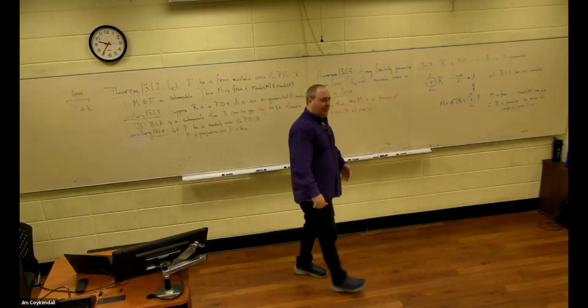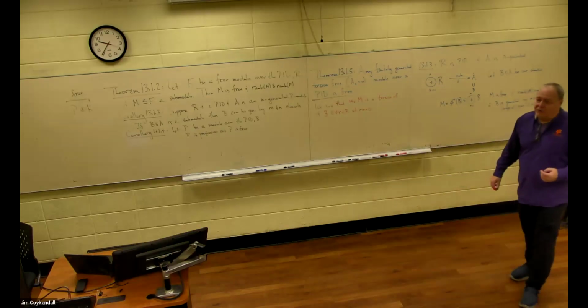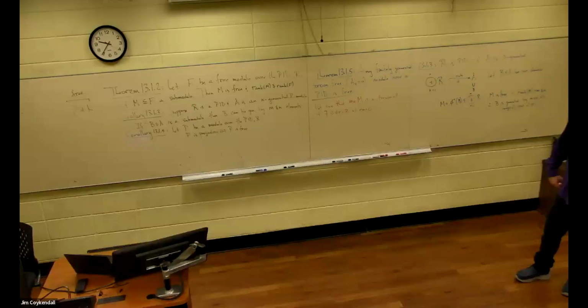So it's just something that's killed by a non-zero element. If what we're talking about are Z modules, the torsion elements are precisely the elements that have finite order.